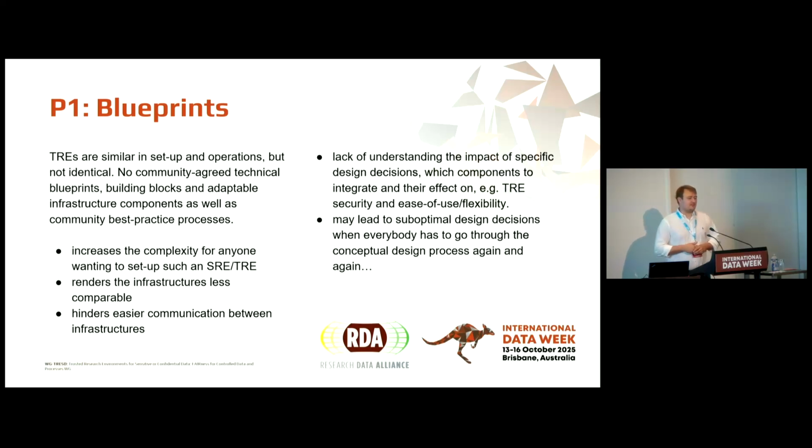Also, it makes it a problem for those infrastructures to compare themselves, to improve certain components if you cannot really pinpoint them. And generally there is a lack of understanding, leading to very suboptimal design choices. It's all about language, it's all about understanding what we're doing. And if we cannot understand what anybody else is doing, how can we improve our own TRE, our own infrastructure?